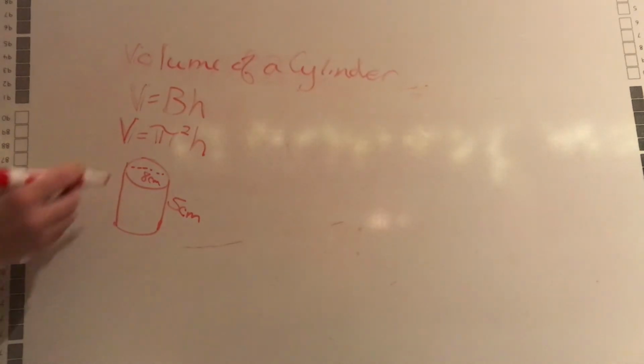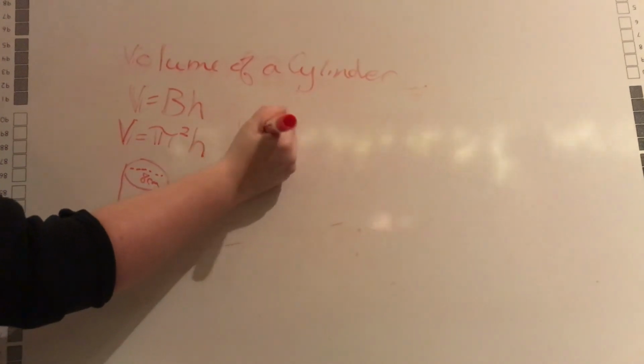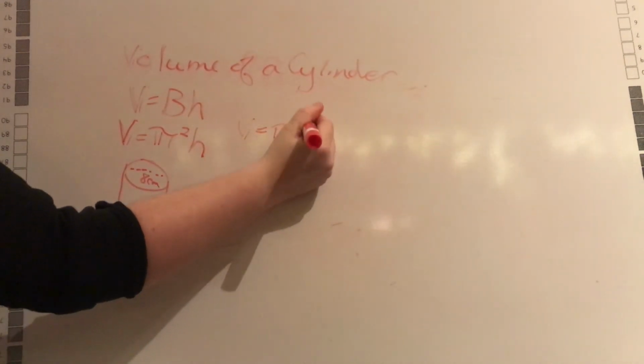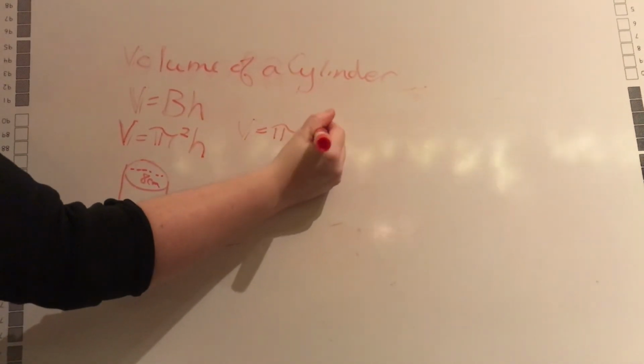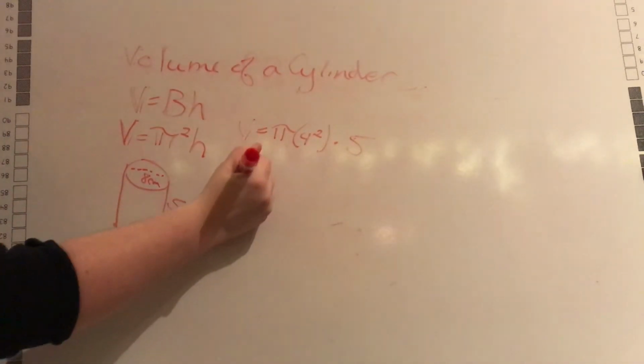So remember, it's pi r squared, so the radius is half of the diameter, so our volume is going to equal pi times 4 squared times 5. So work that out.